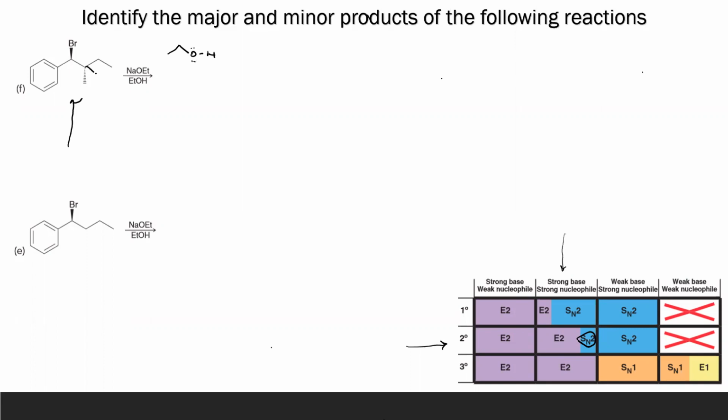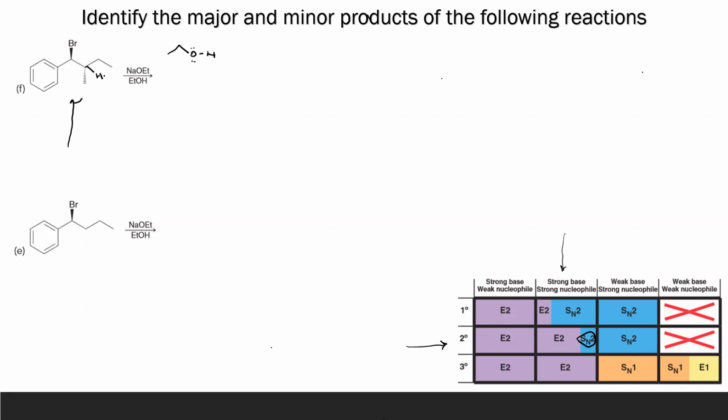First thing you want to do is identify your beta protons. In this case, we notice we just have one beta proton. Now, what is the important thing to keep in mind about E2 reactions? Well, it's the fact that E2 reactions tend to be very stereospecific, or I should say stereoselective.